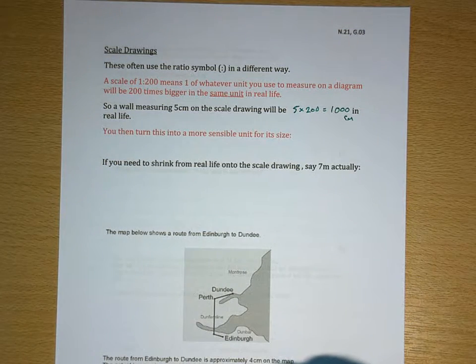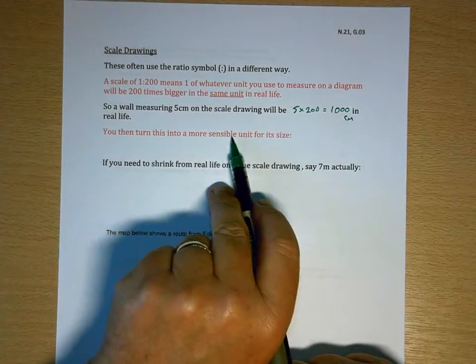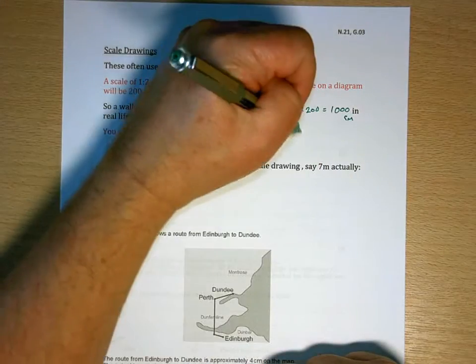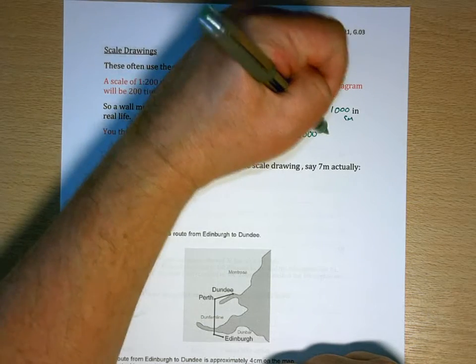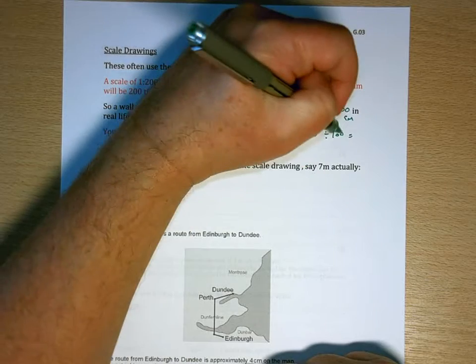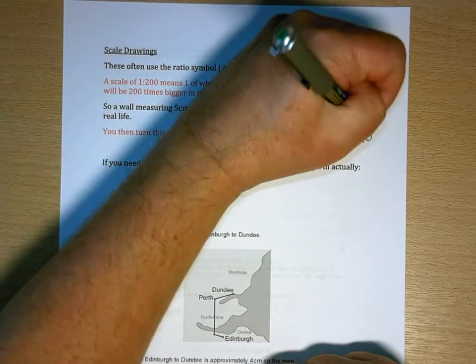Now, we wouldn't tend to measure walls in centimeters in real life. We measure it in meters. So to turn that into a more sensible unit for its size, we would divide it by 100 centimeters in a meter. So when you divide by 100, you end up with 10 meters.